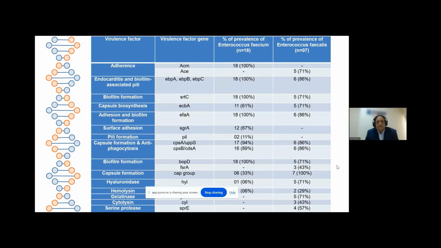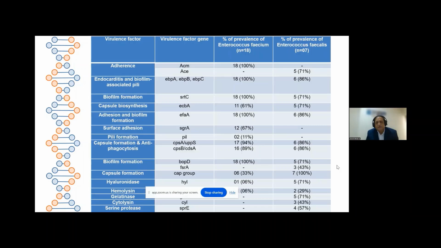Adhesion and biofilm formation genes like EFA were found in all isolates of Enterococcus faecium and 6 isolates out of 7 Enterococcus faecalis. Surface adhesins like SgrA were found only in Enterococcus faecium and were not there in Enterococcus faecalis.